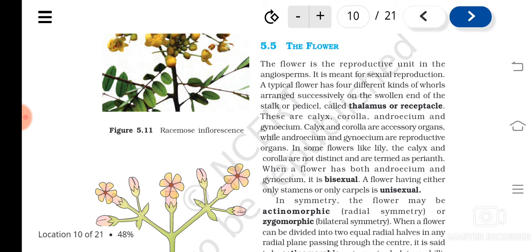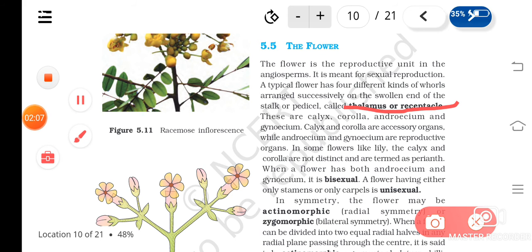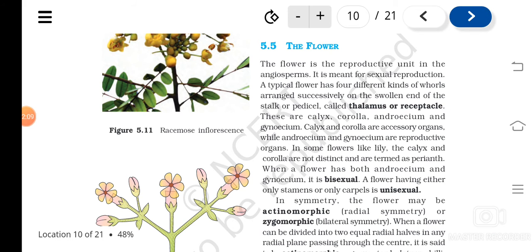That swollen part of the stalk is known as the thalamus or receptacle. So what are the thalamus or receptacle? The swollen end of the stalk, or the pedicel. And in this thalamus or receptacle, the four whorls are arranged.